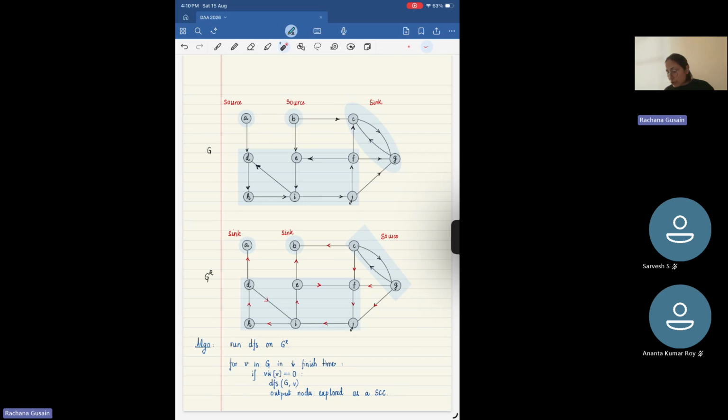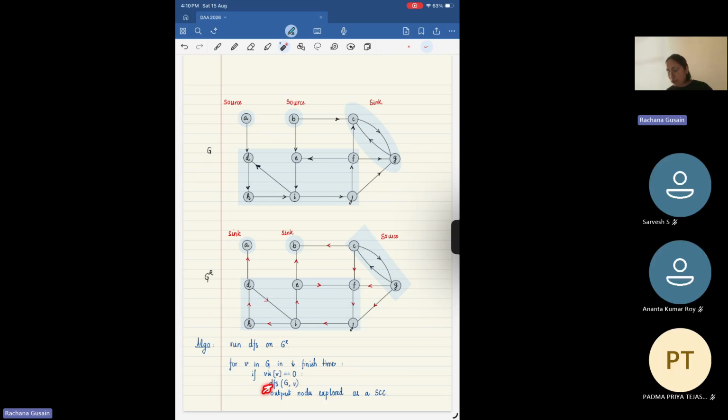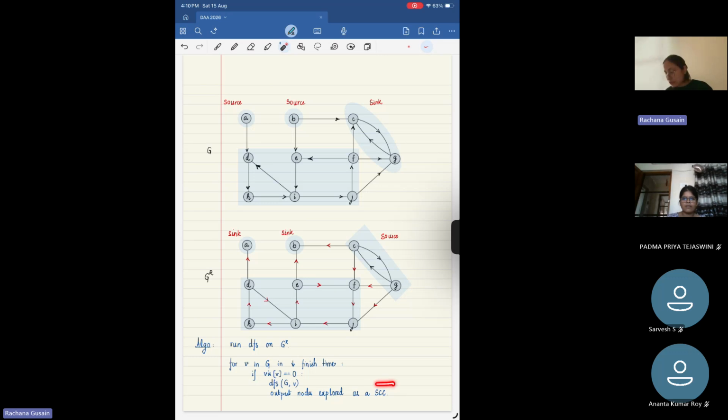Whenever you see a node that has not yet been visited, invoke DFS on the original graph starting from that vertex. Whichever nodes are explored in that DFS call, you output as a strongly connected component. This will give you all the strongly connected components in the graph.